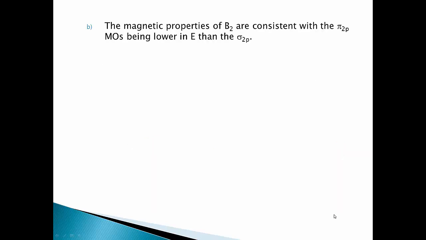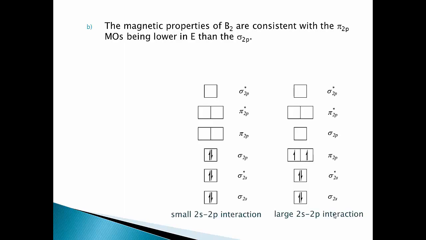Okay, so also explain how the magnetic properties of B2 are consistent with the pi 2p being lower in energy than the sigma 2p. So let's compare the small to large interactions. We've got 2, 4, 6, or we've got 2, 4, 5, 6.